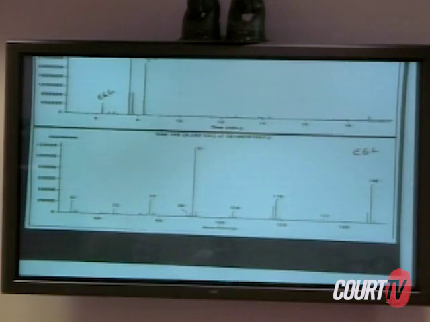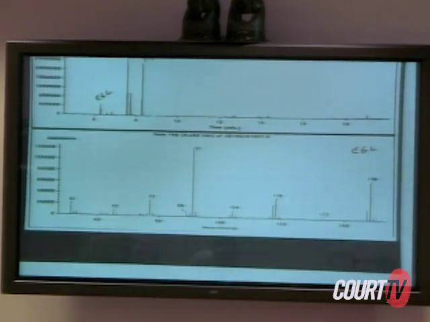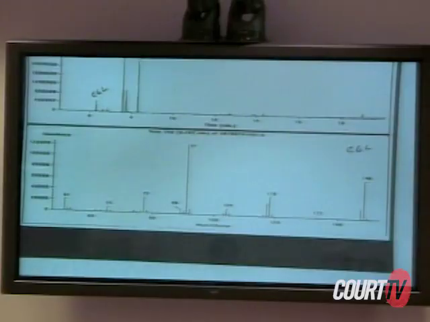That bottom graph is a mass spec, correct? Yes, sir. That's the mass spec of the peak that occurs. It looks like 6.262 minutes. And this is 12B, the blood, correct? Yes, sir.